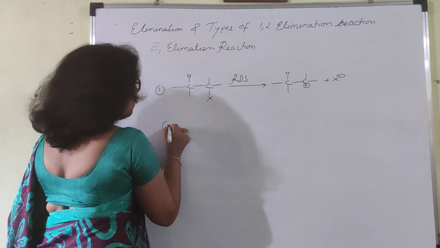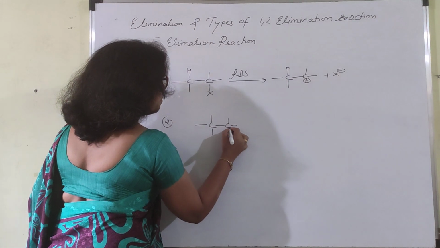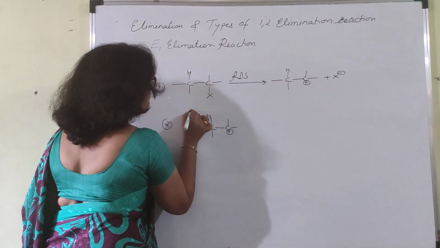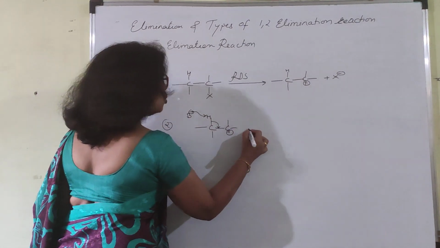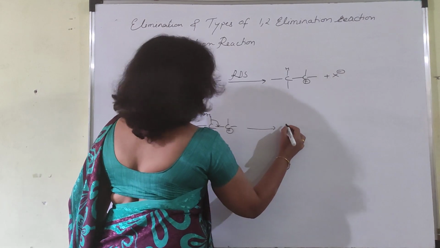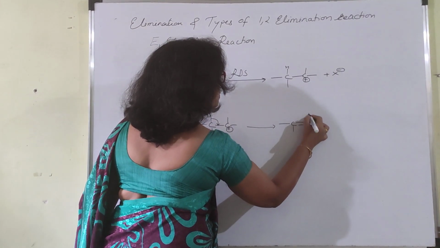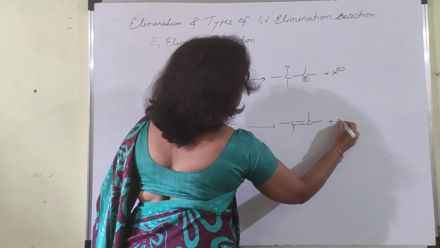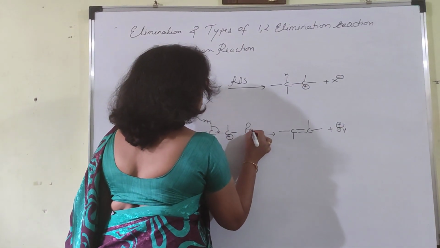In the second step, the base abstracts this proton with the formation of a pi bond, giving you this as the product plus BH, whereas this is the first step.